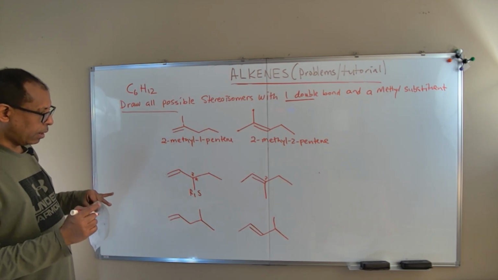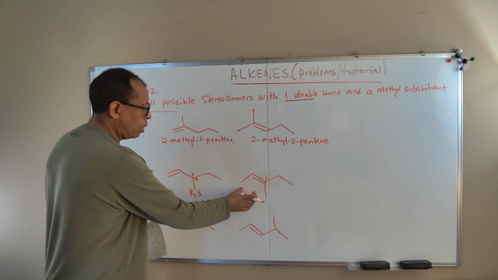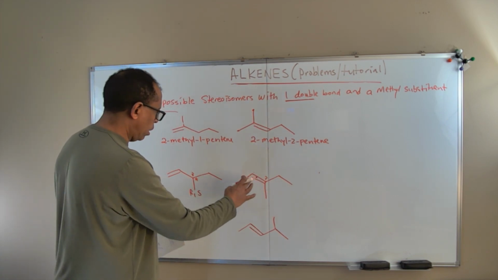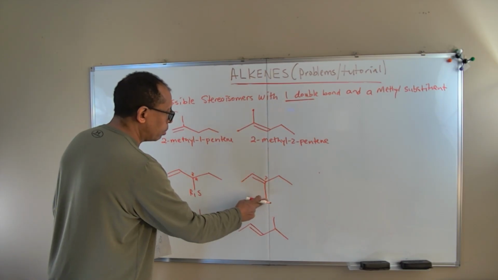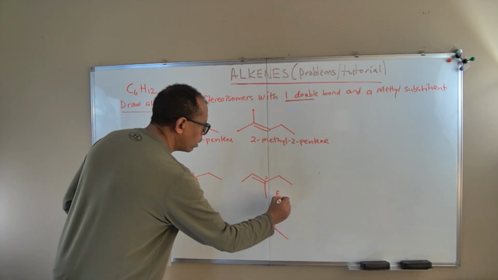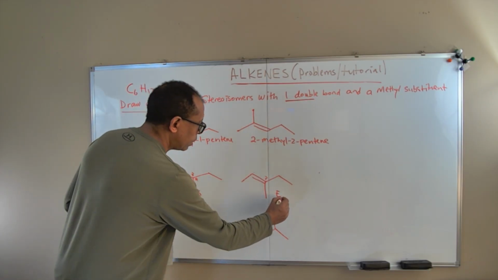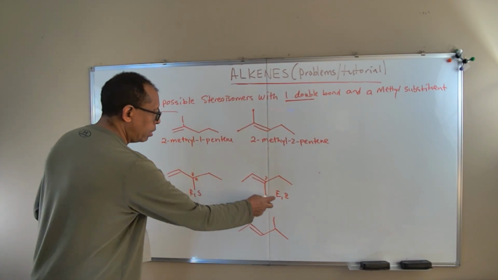We can have R or S for that one. In this second one, there is no stereogenic center, but these two groups can be E or Z possibility, because E and Z are possible.